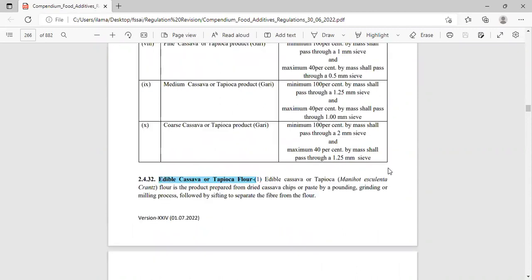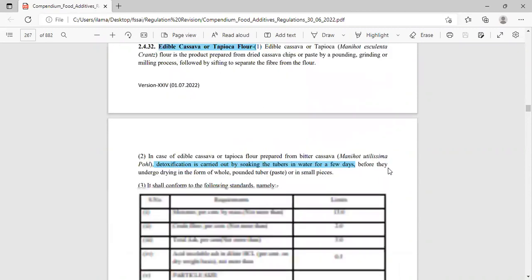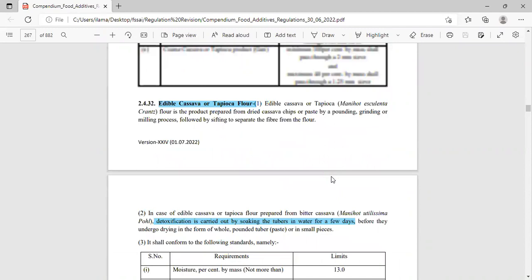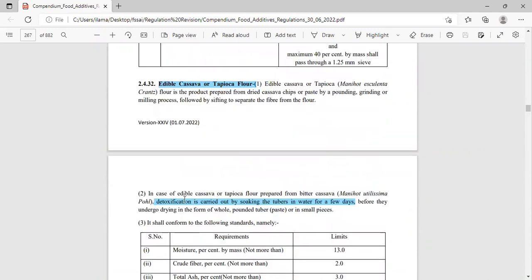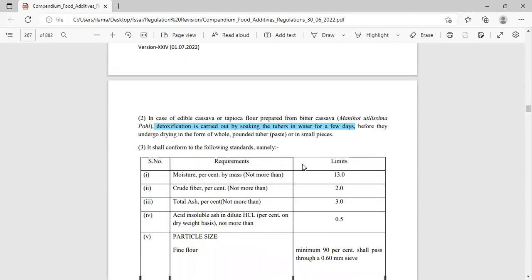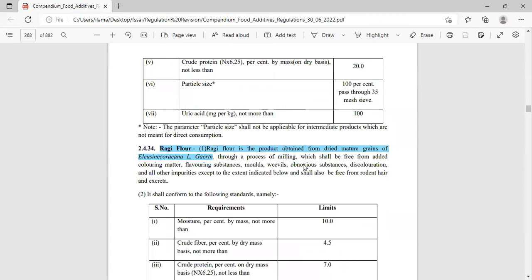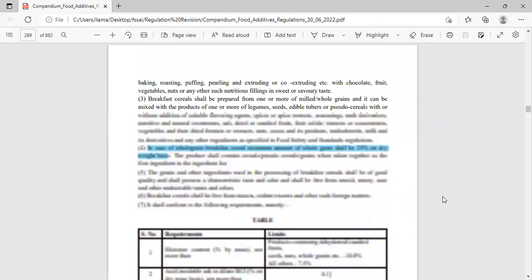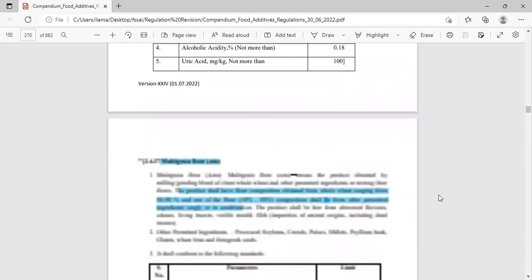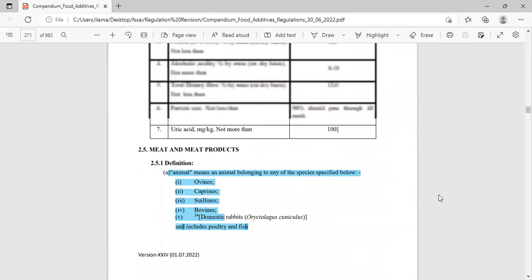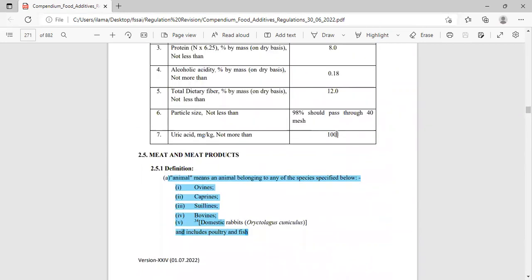And just go through what is cassava. Here in cassava, the detoxification is done by soaking them in water for few days. And see what is ragi flour. And that's all for the wheat and then pulses and then cereal grains.